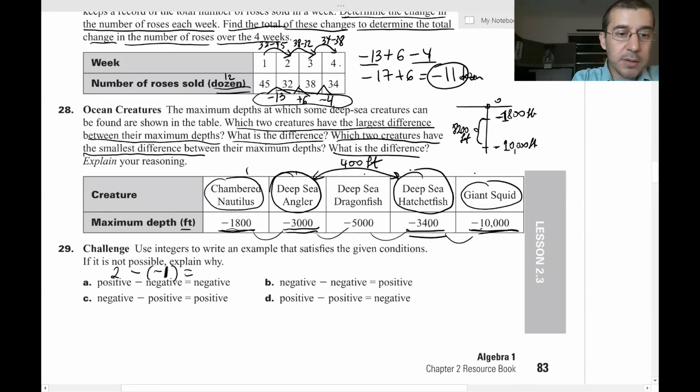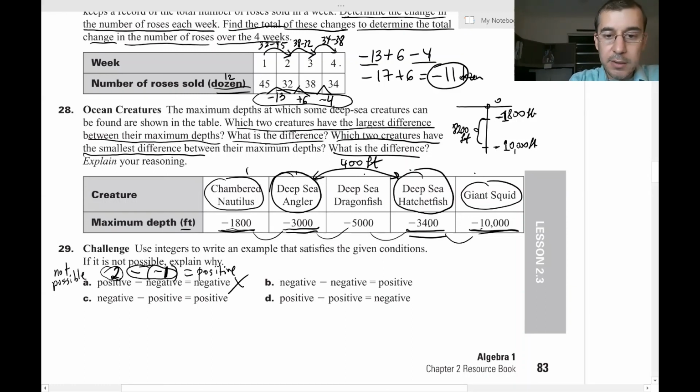It doesn't matter if it's lower or greater than this number. This here is always going to be a positive number. So since this is already a positive, positive plus a positive is always going to be a positive number. So this is not possible. So A is not possible.